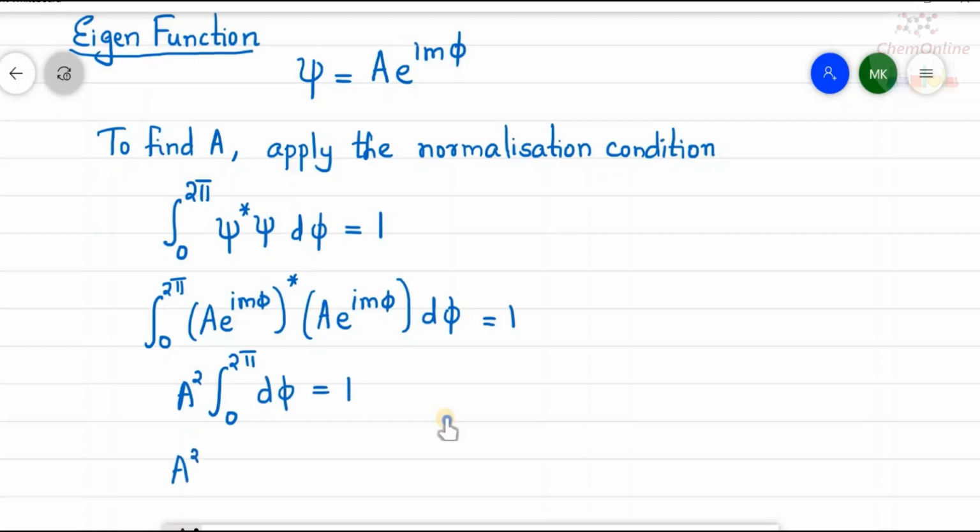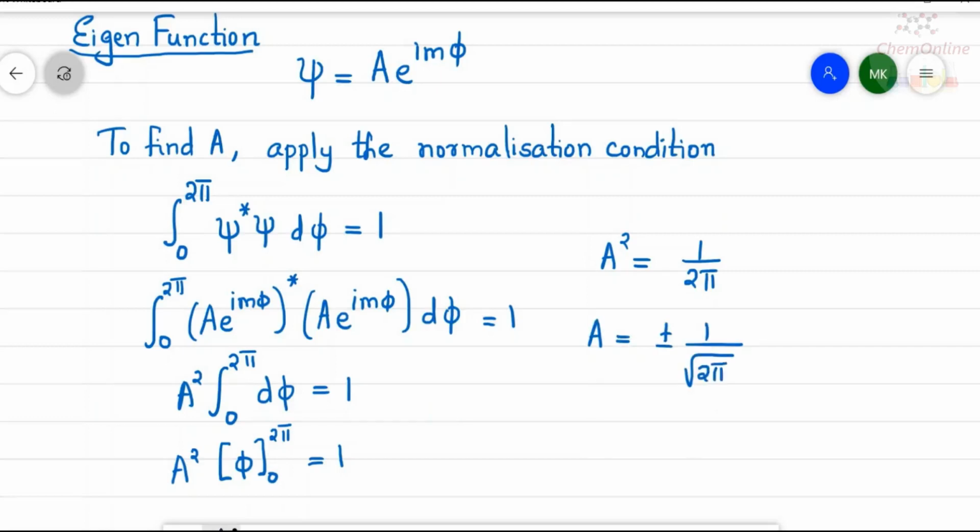That is, a square into phi within the limits 0 to 2 pi equals 1. That means a square equals 1 by 2 pi, or we can write a equals plus or minus 1 by root of 2 pi. So we have found the value of the constant a, which is given as a equals plus or minus 1 by root 2 pi.